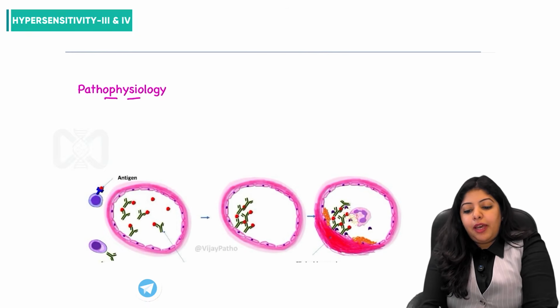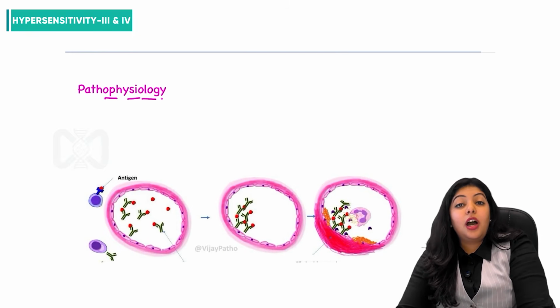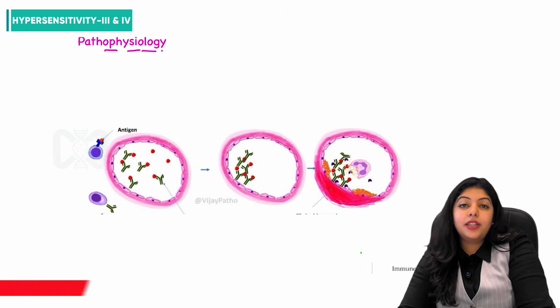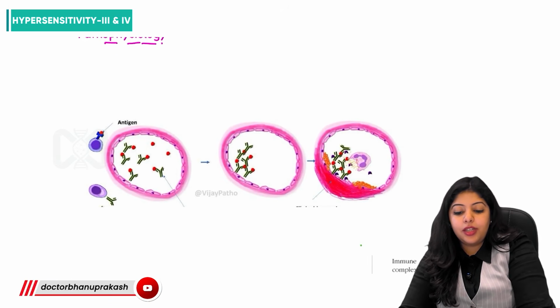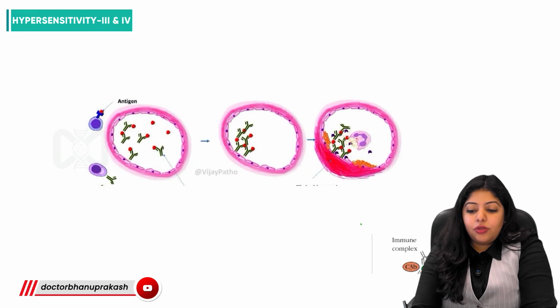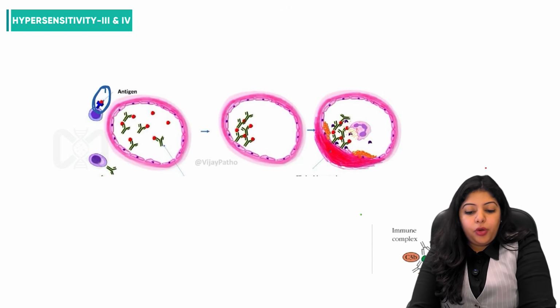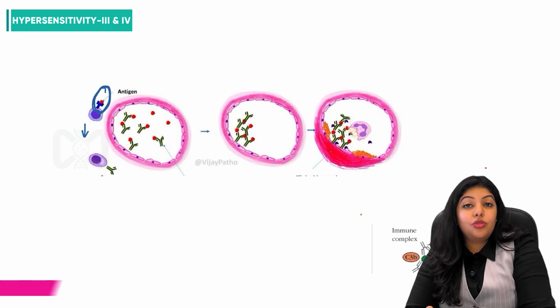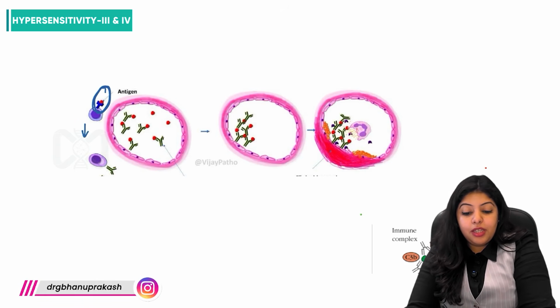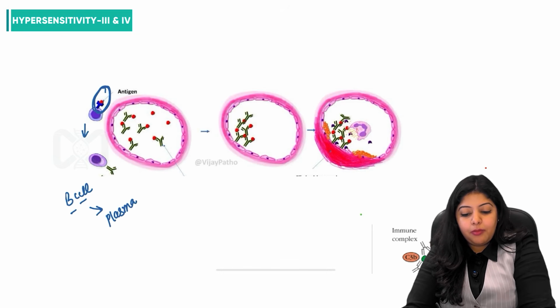So what is the pathophysiology behind all of this? How is the tissue destruction occurring in type 3 hypersensitivity reaction, right? We have an exogenous antigen, which enters inside our body and leads to the activation of B cells. B cells get stimulated. They in turn stimulate the plasma cells to release antibodies, right?